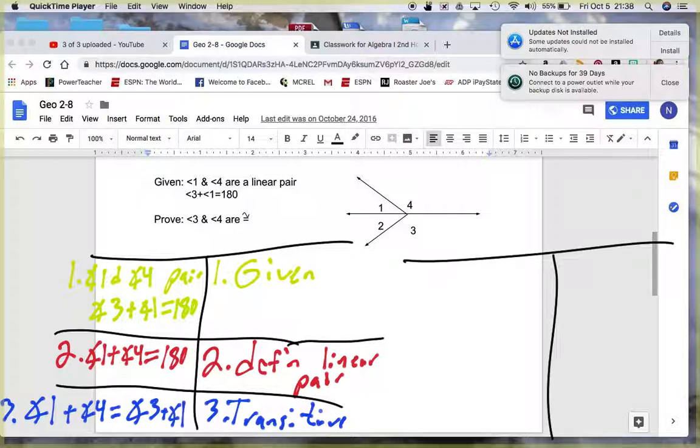So then once again, I have 4 and 4. Once again, I can say angle 1 is equal to angle 1. And that is always a reflexive fact. You can just write reflex, that's fine.